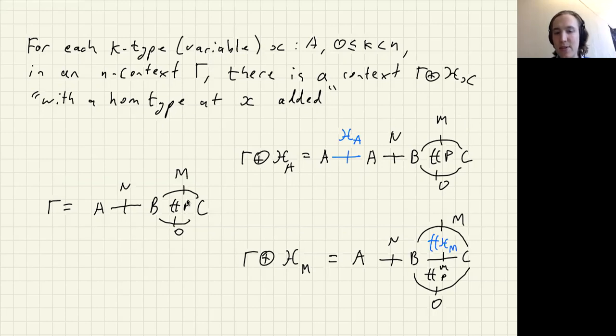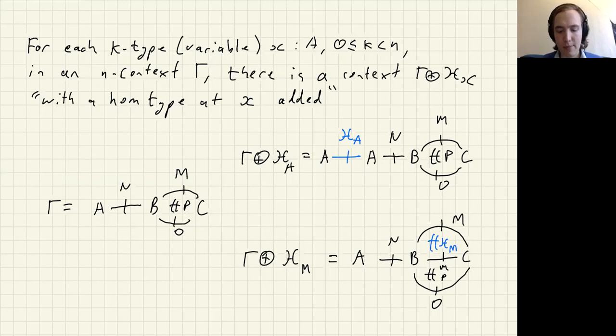But we could also start off with something like M and add in a homomorphism type, and we get a different shape of globular pasting diagram. And if you think about what the defining properties of identity types in type theory say, they say that we can always freely add and remove identity types from contexts, as long as we know where the reflexivity terms go.